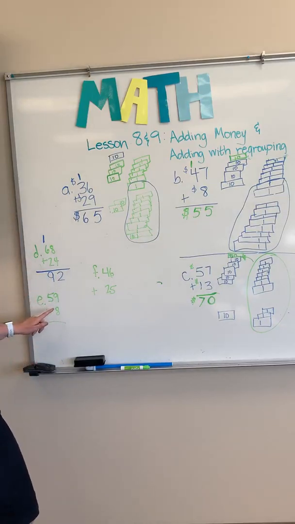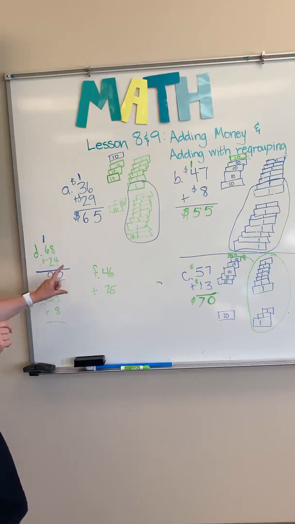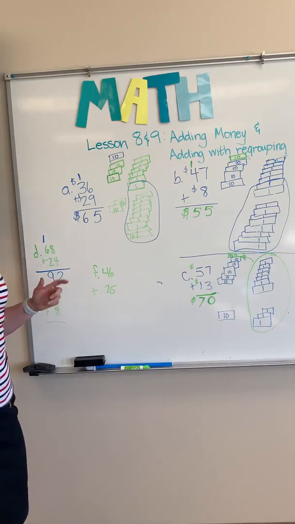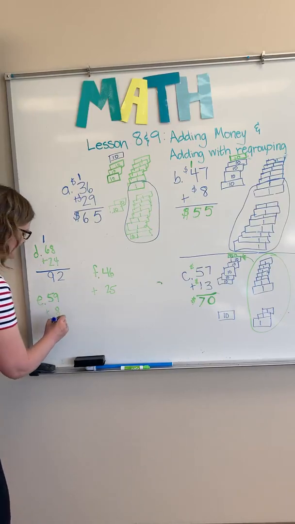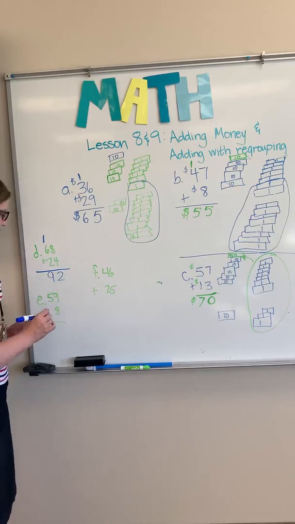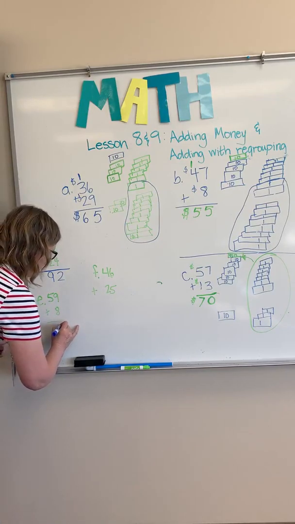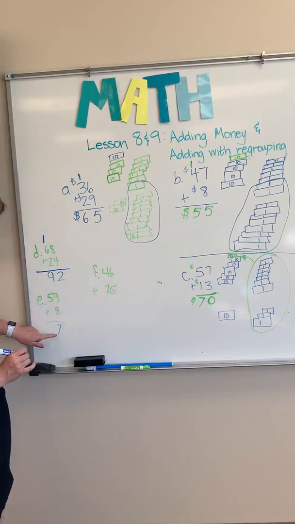Our next one, I want you to pause and do this on your own and then see if it matches what I'm doing, okay? 9 plus 8 is 17. So I put my 7 from 17 right here.